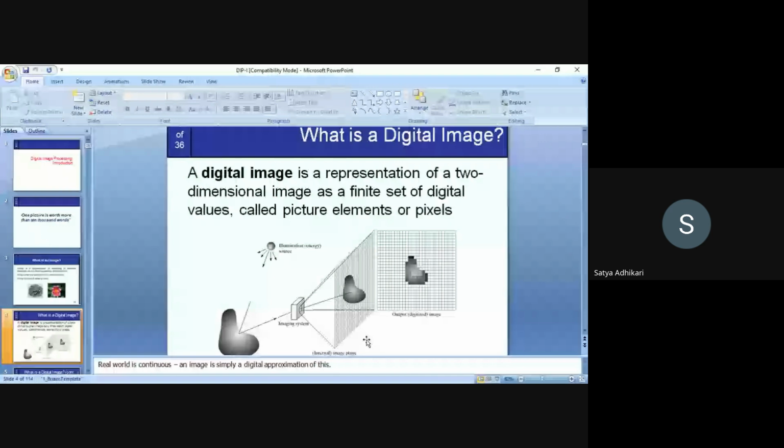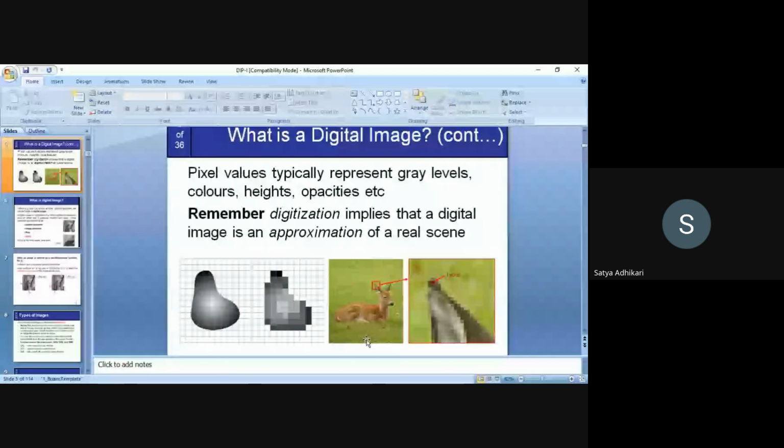A pixel has a location and some value, which is known as gray levels, colors, height, opacities. These are the different values represented by a pixel. So do not get confused. We will discuss these terms in coming slides.